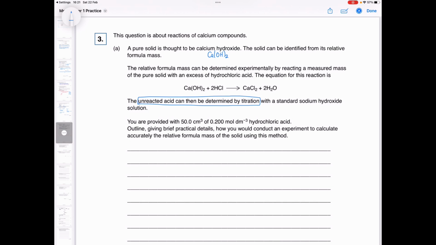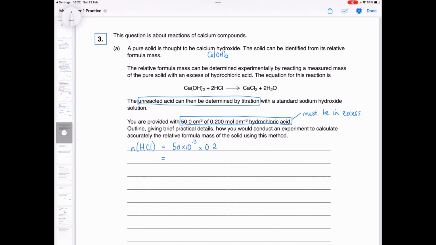So for the moles of acid, we can calculate the moles of acid here. This must be in excess, otherwise the experiment won't work. So the number of moles of hydrochloric acid is equal to 50 times 10 to the minus 3 decimetres cubed times by 0.2 moles per decimetre cubed concentration.